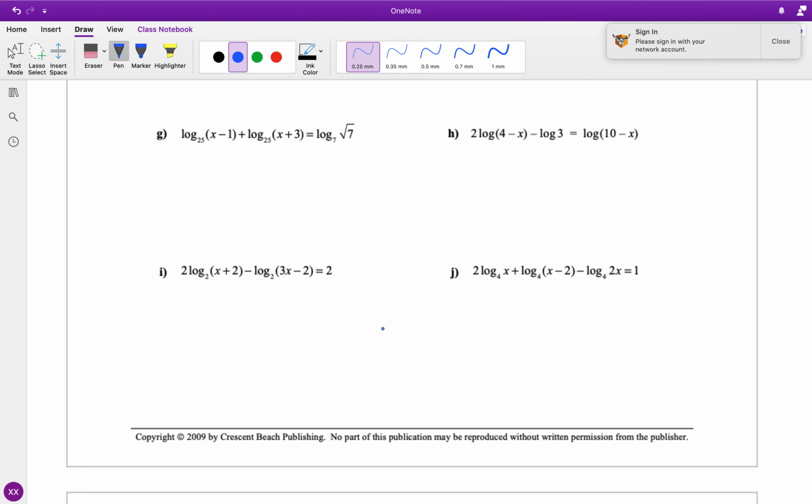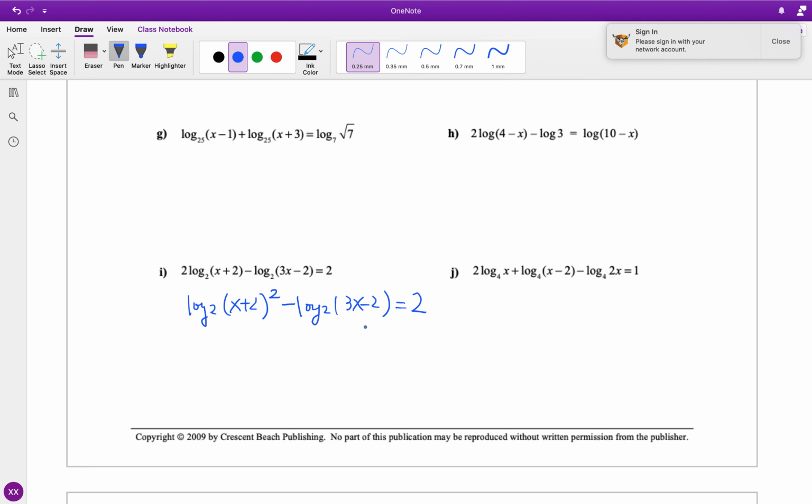Okay, now another question I'm thinking of demonstrating, but that's the same thing, you see? This is a 2. So in this case, the 2 is already on this side, so don't even worry about it. Just directly change this. This means log base 2 of x to the power of 2 minus log base 2 of this equals 2.